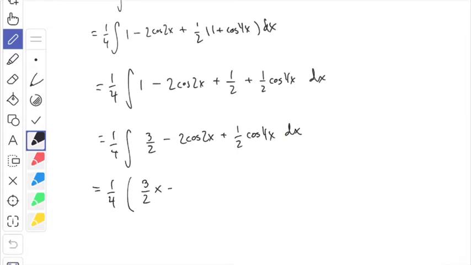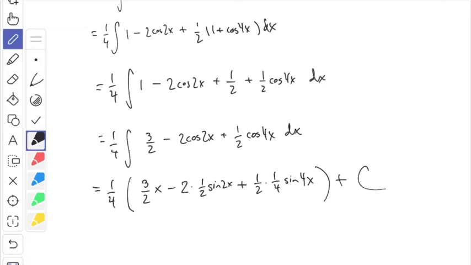Okay, minus 2 cosine 2x becomes 2 times 1/2 sine 2x, plus 1/2 cosine 4x becomes 1/2 times 1/4 sine 4x. I am using that thing about integral of cosine kx is 1 over k sine kx. And there's a similar one for the sine. All right?